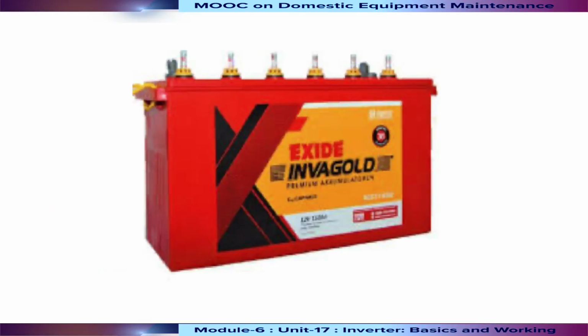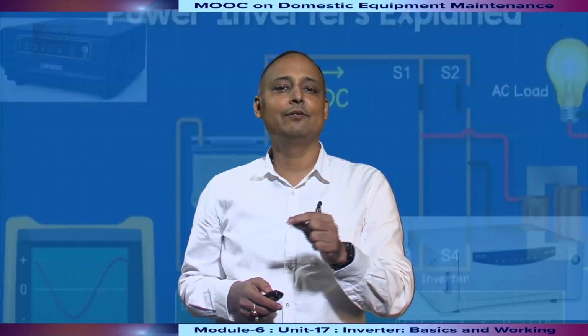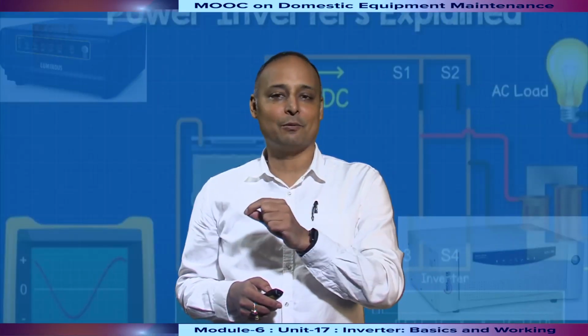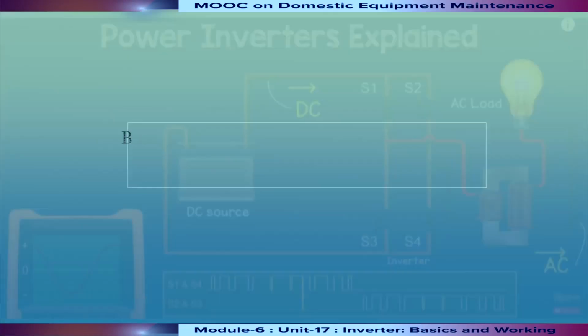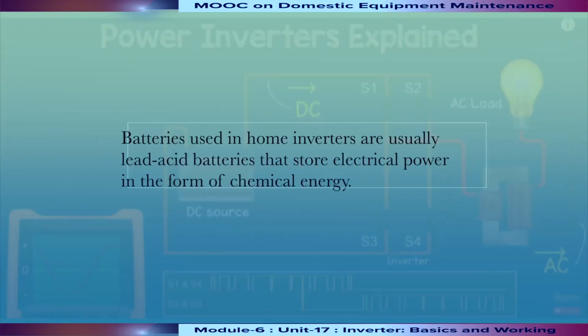The battery is the heart of the inverter and provides the DC power that the inverter converts into AC power to power up various devices in the household. Batteries used in home inverters are usually lead-acid batteries that store electrical power in the form of chemical energy.